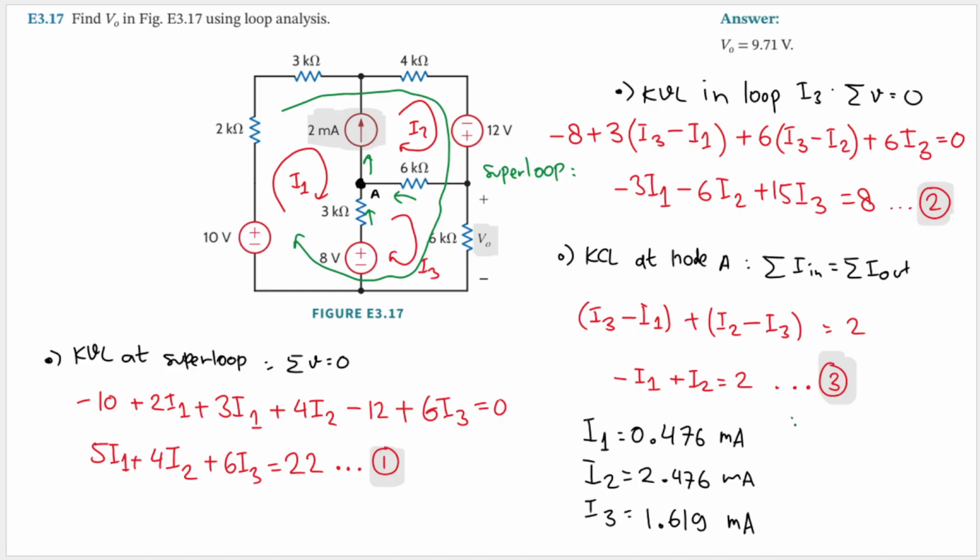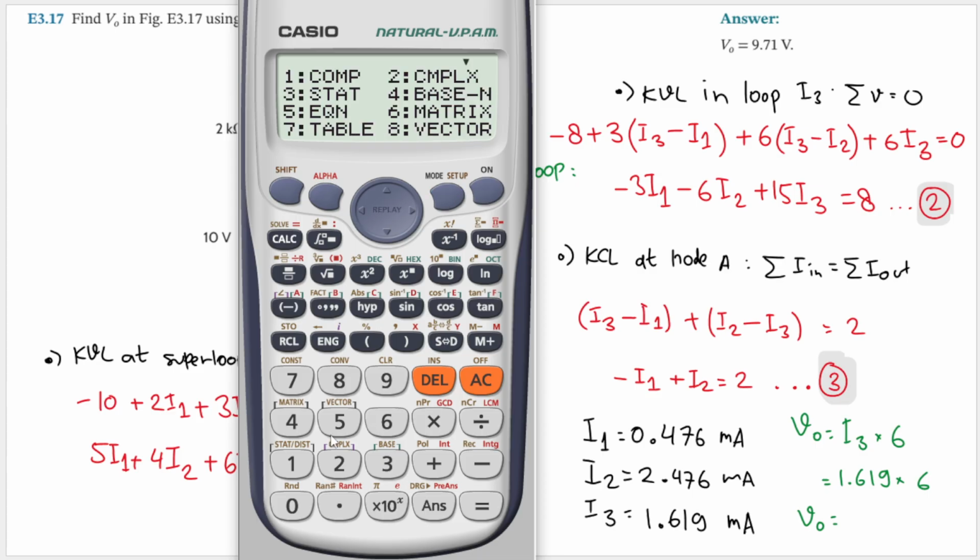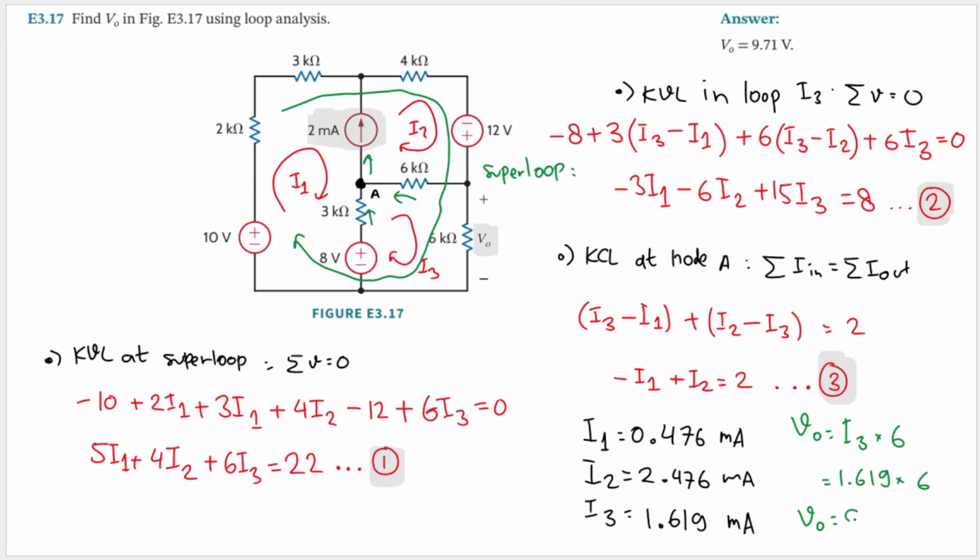So V0 is 1.619 multiplied by 6, which gives 9.71.